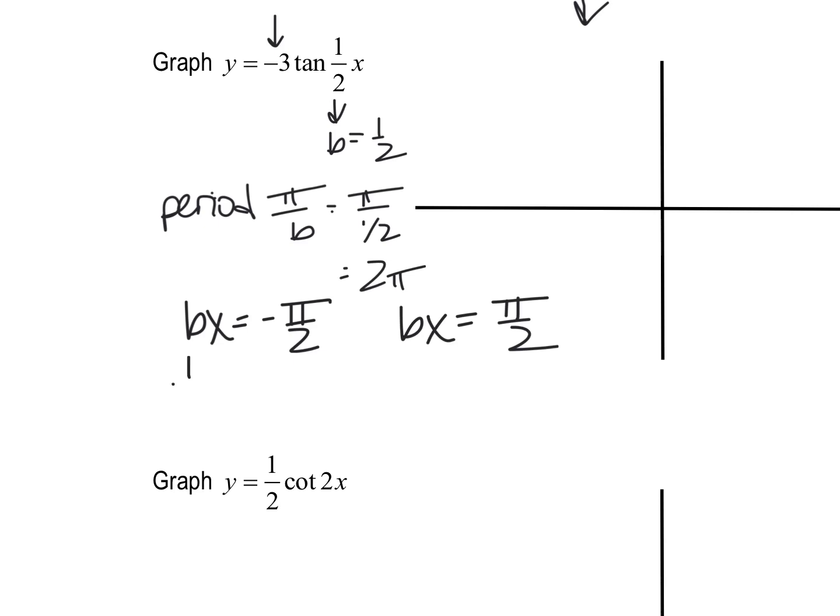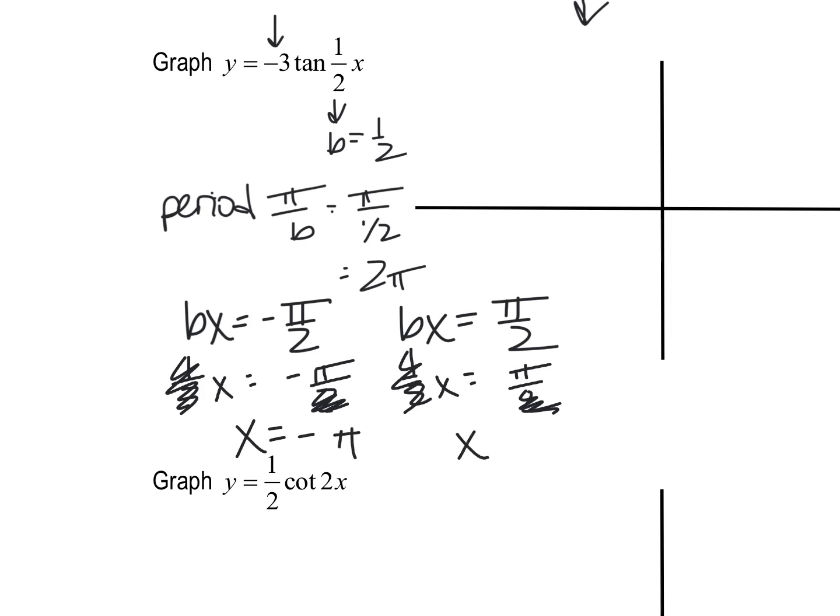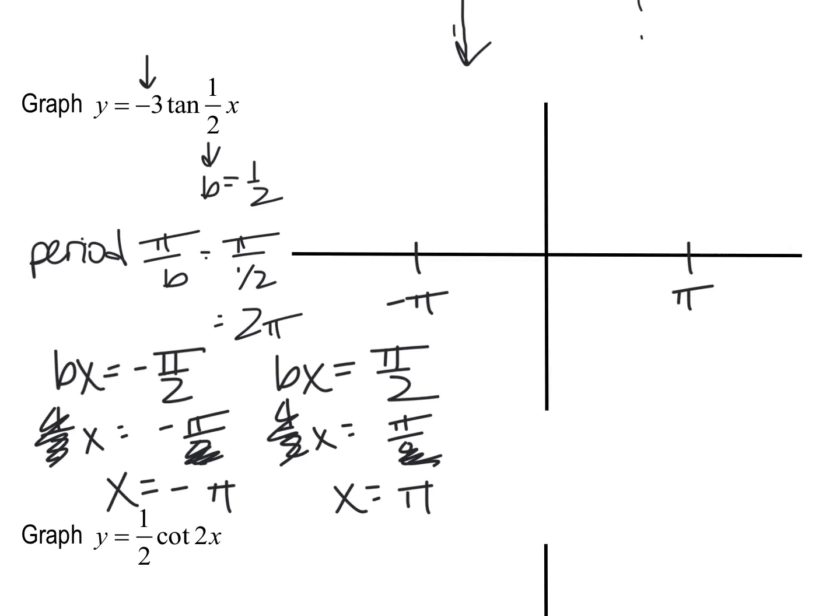So that means 1/2 x equals negative pi over 2, and 1/2 x equals positive pi over 2. Well, the 1/2s cancel. I have a 1/2 on each side, basically. So I have x equals negative pi and x equals pi. That's where my asymptotes go. Negative pi and pi. Okay, so put my dotted lines there.